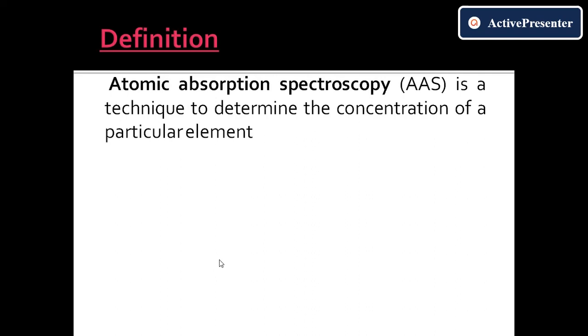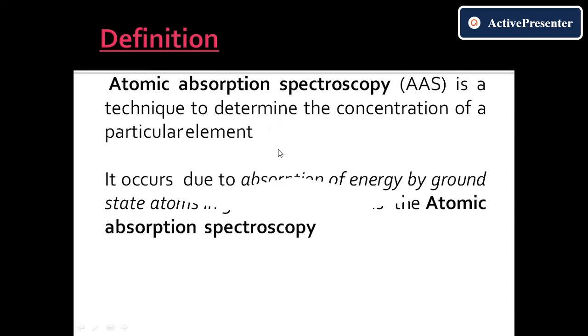Atomic absorption spectroscopy is a technique to determine the concentration of a particular element, and it occurs due to the absorption of energy by ground state atoms in a gaseous state.